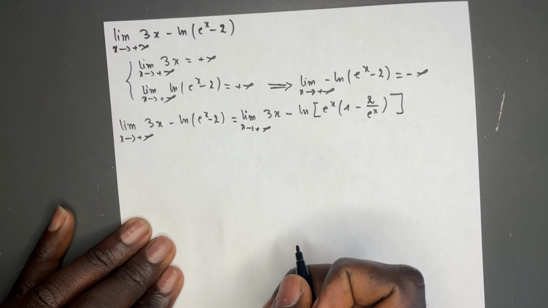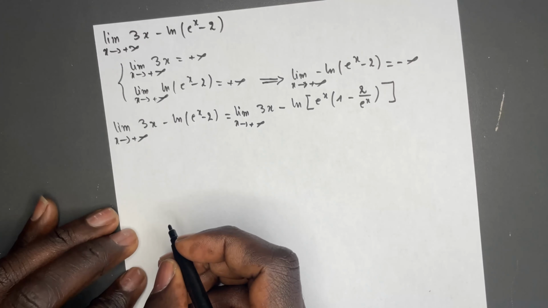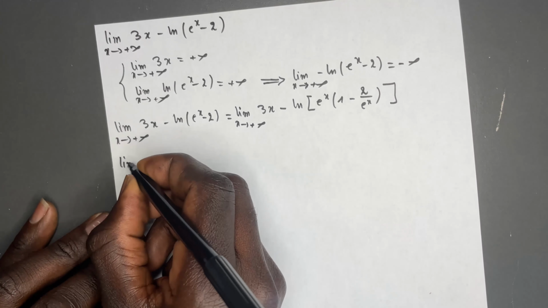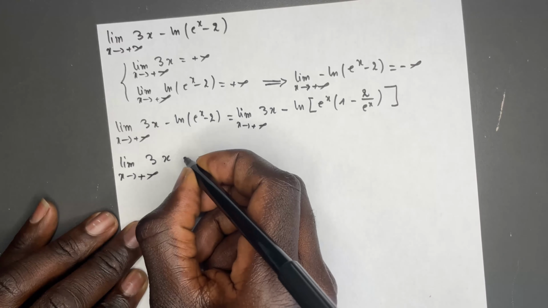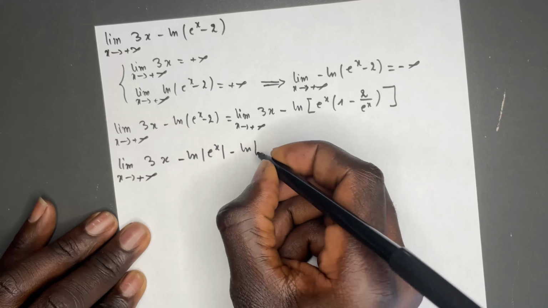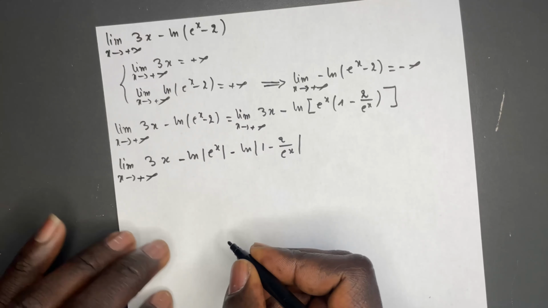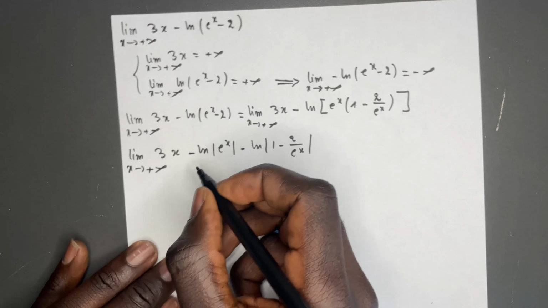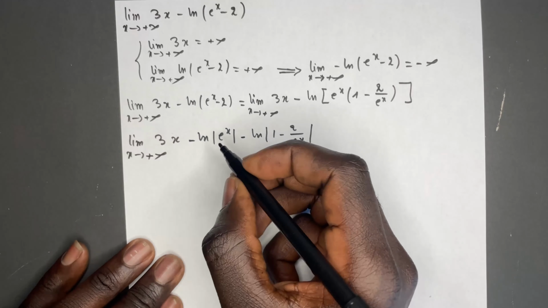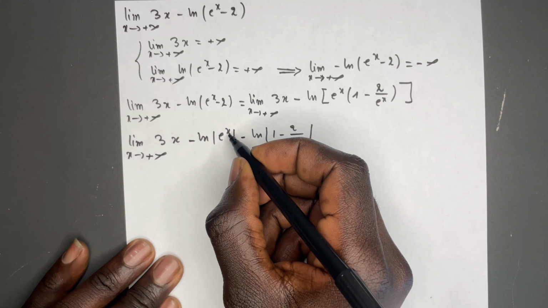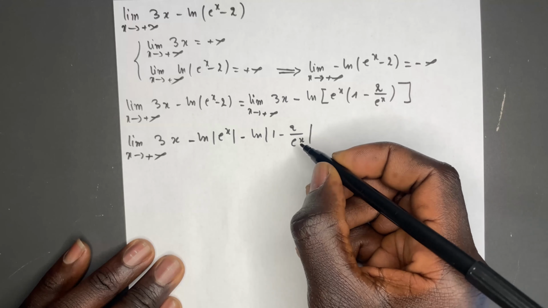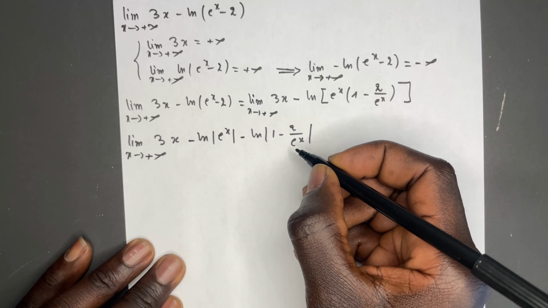Applying that, the limit becomes. Here as x approaches infinity, e to the x is strictly positive and 1 minus 2 over e to the x is strictly positive.